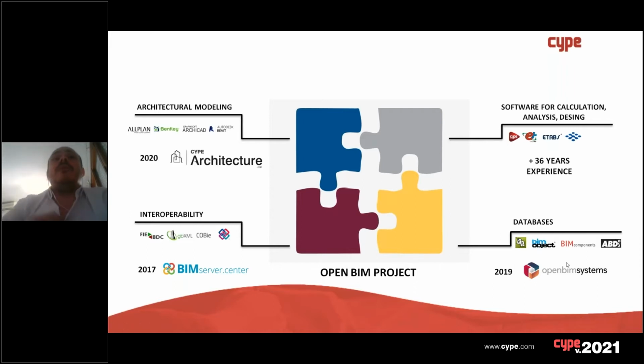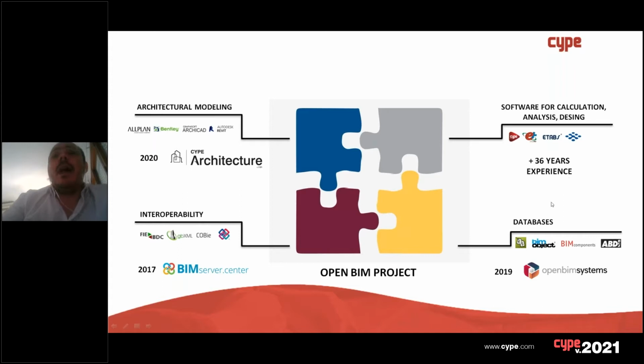And this year, with the year 2020, but with the launch of the version 2021, we have the CYPE architecture. Okay, the CYPE architecture. It was the piece that we're working to finish, that last piece of our puzzle, and now you can have the workflow. Your workflow is complete.